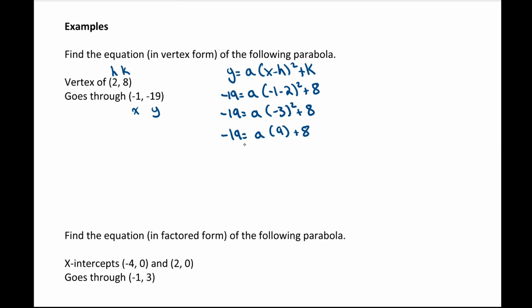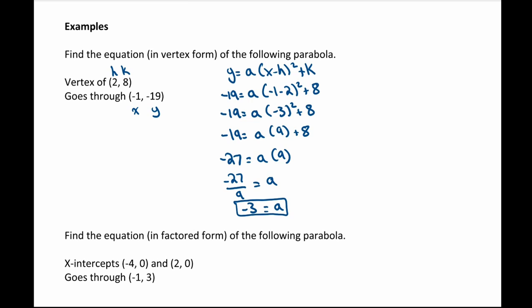I want to move things over to the other side. I'm going to move the plus 8 first. When I move it over, it becomes -8. So I get -27 equals a times 9. To get a by itself, I'm going to divide both sides by 9. -27 divided by 9 is -3. So that is my a value.